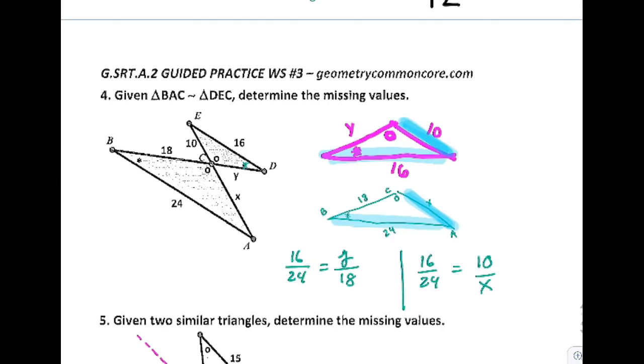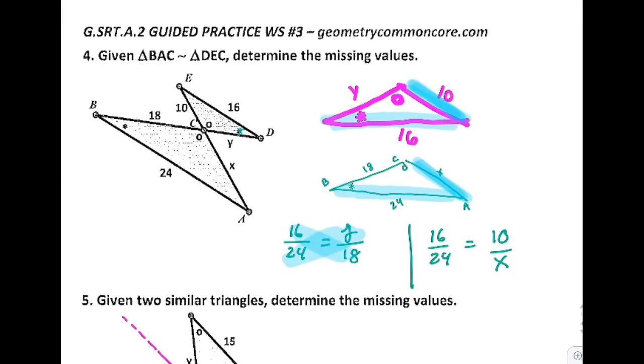And then you're going to solve 24y equals whatever 18 times 16 is. Hopefully you're listening and not just watching. 18 times 16 is 288. When you divide that by 24, you get y equals 12. So y equals 12.